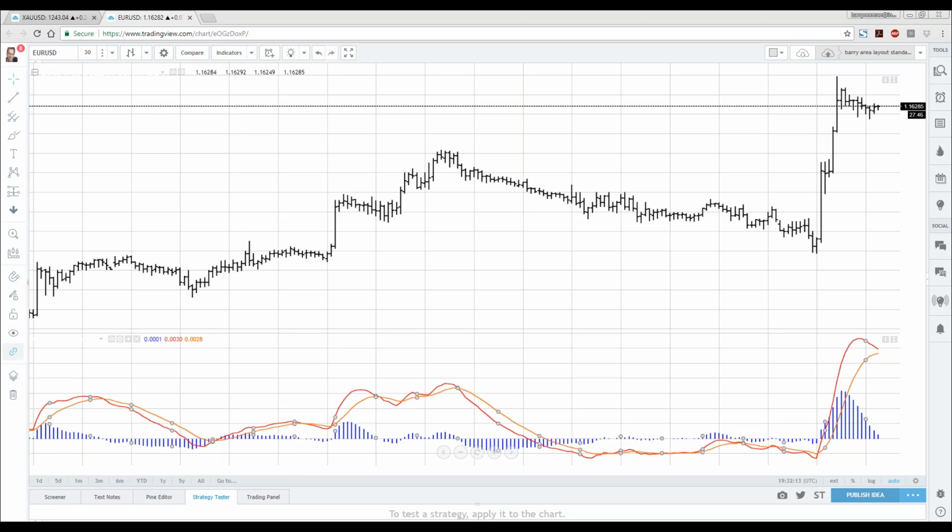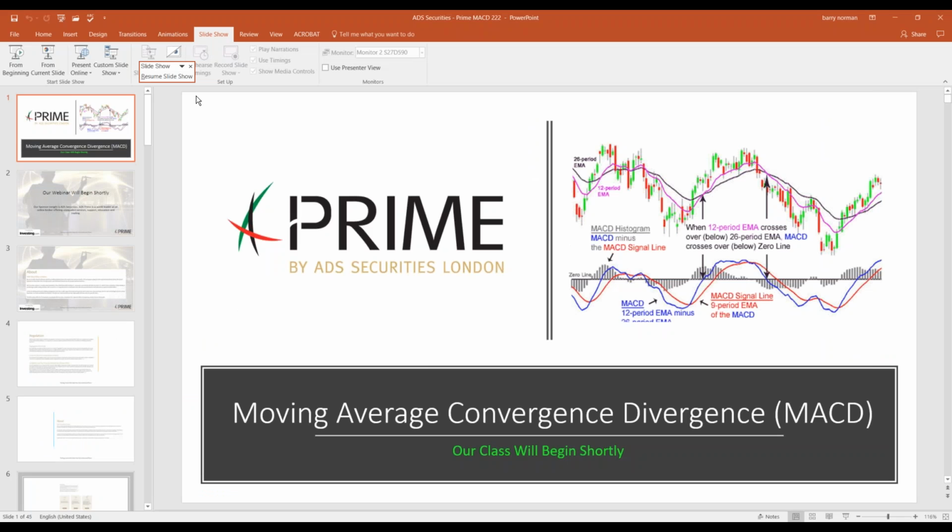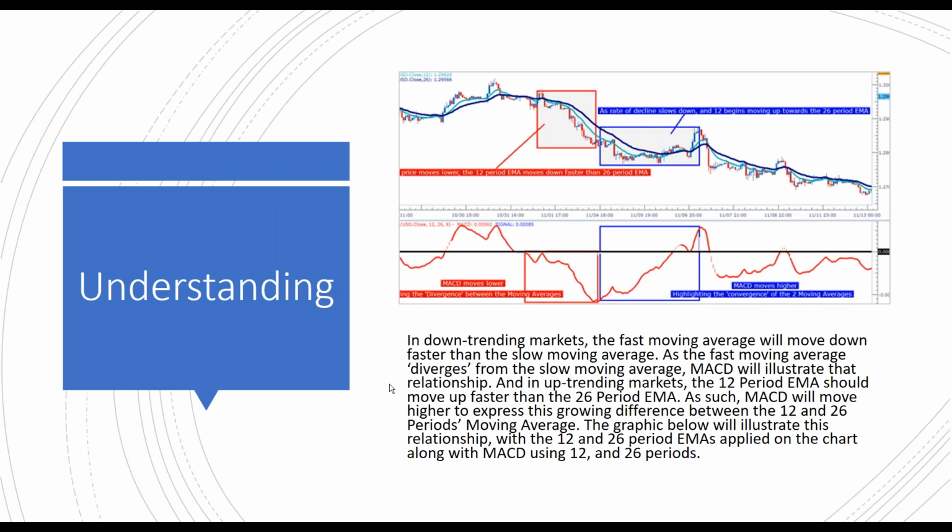Now, once we have these 3 pieces of information on a chart, we have to then learn to start understanding what they're trying to tell us. In downtrending markets, the fast-moving average will move down faster than the slow-moving average.